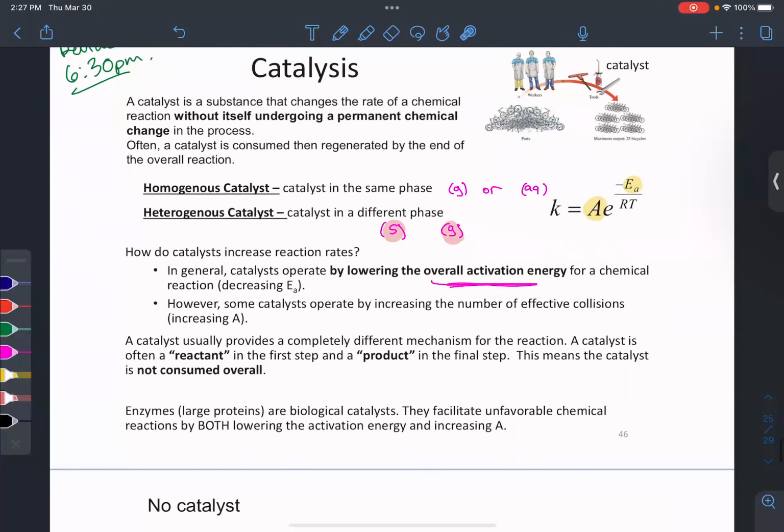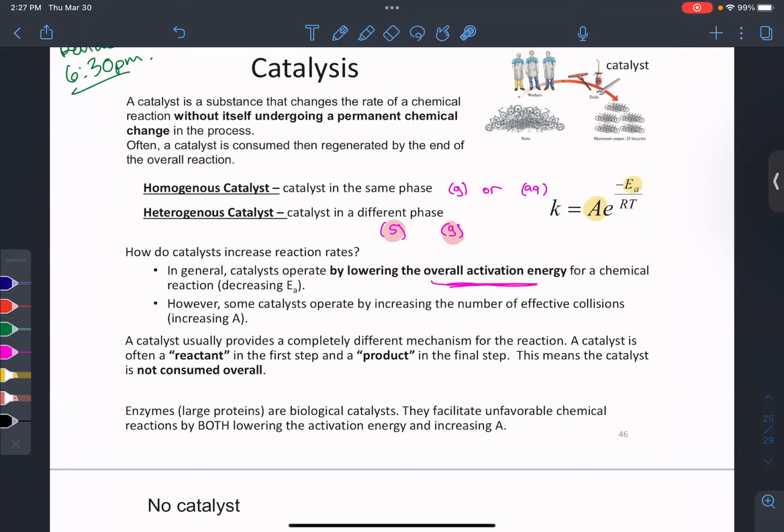And so catalysts are different than intermediates or reactants, because a reactant is a substance you start with, but it's consumed fully in the reaction. A catalyst is a little bit different. It may look initially like a reactant where it's consumed at the beginning, but you always produce your catalyst again as a product before the end of your reaction.